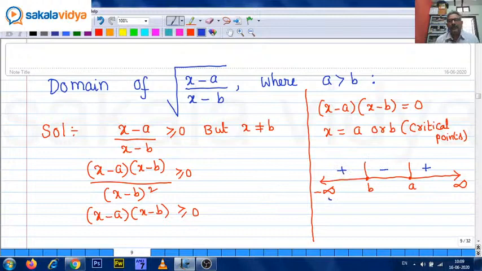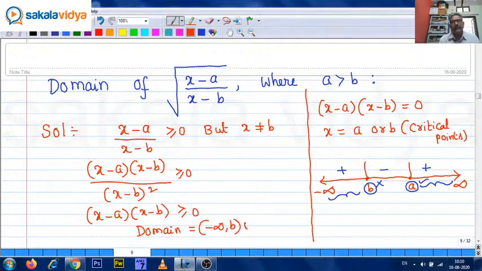Greater than or equal to 0 means we need to consider here to here and here to here. But b is not included. B is not included, but a is included. You remember one thing. So that means domain equals minus infinity comma b open, union a closed to infinity.